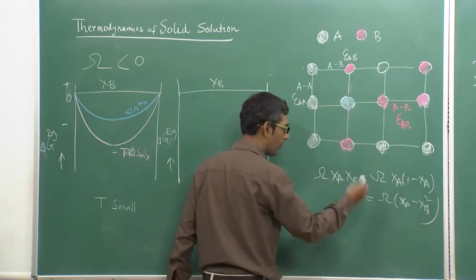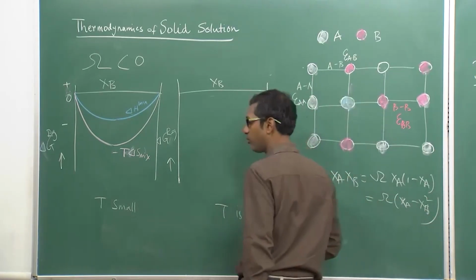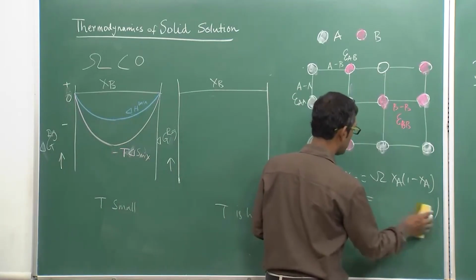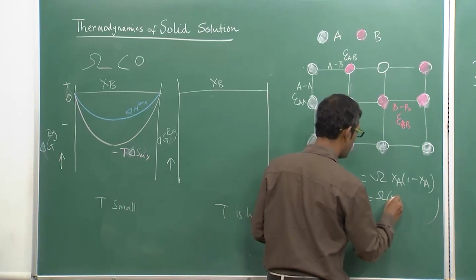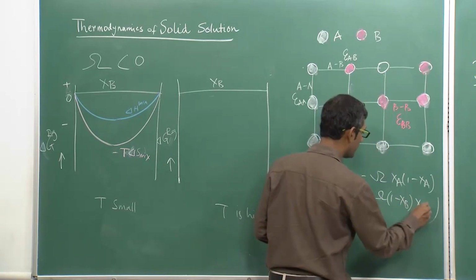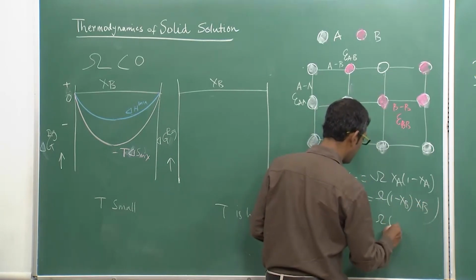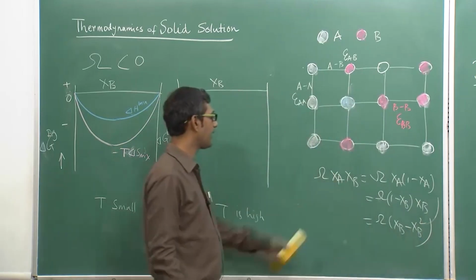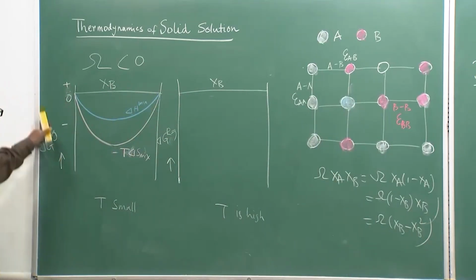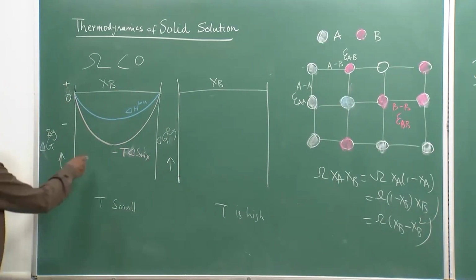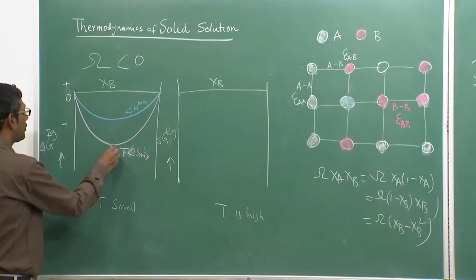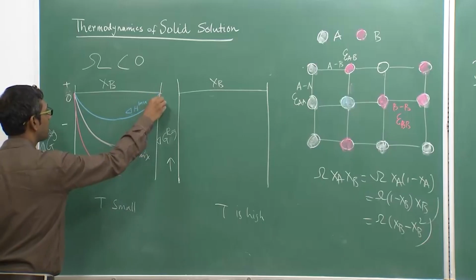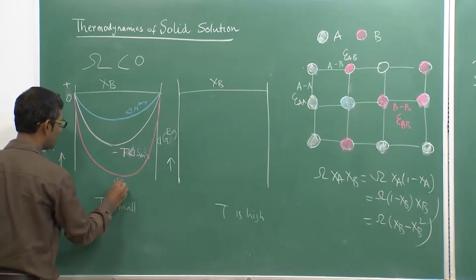Or let us do it the other way, because we are plotting xB, it will be similar: sigma (1 minus xB) multiplied by xB, that is sigma (xB minus xB square). Wherever you have a square term in the variable, that is the equation of a parabola. So delta G will also look like the same kind of plot. So this is delta G mix.